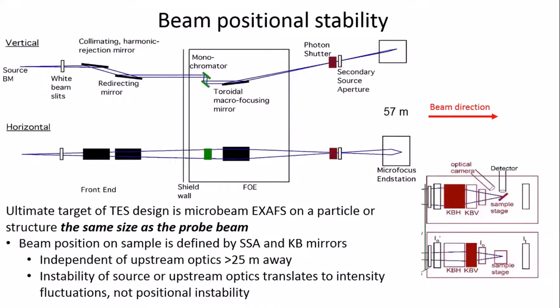And so in this geometry, the beam position on the sample is defined by the SSA and the KB mirrors. It's independent of the upstream optics, which are more than 25 meters away. So any instability of the source or the upstream optics will translate to intensity fluctuations through the SSA, but not positional stability at the sample. That's the key there.